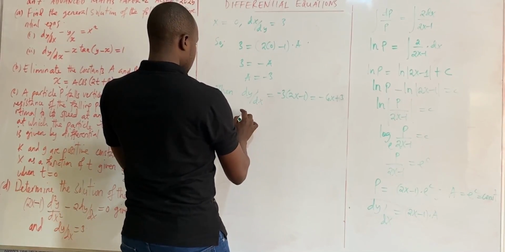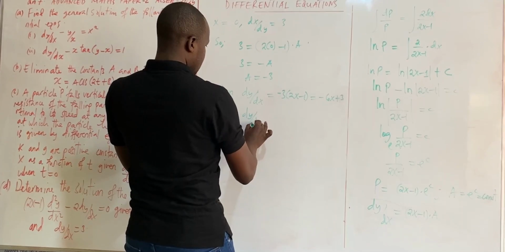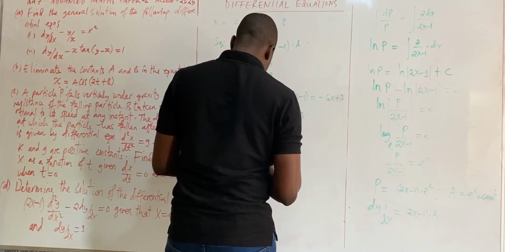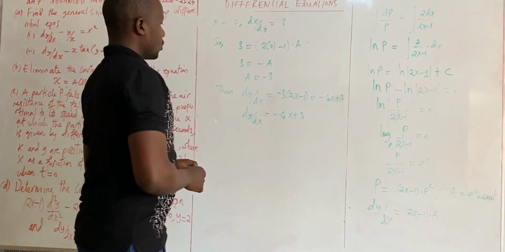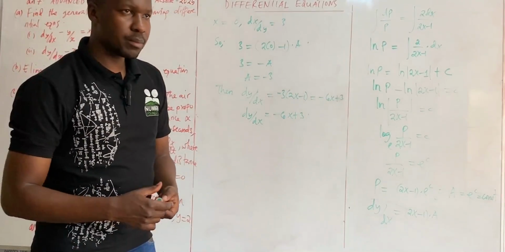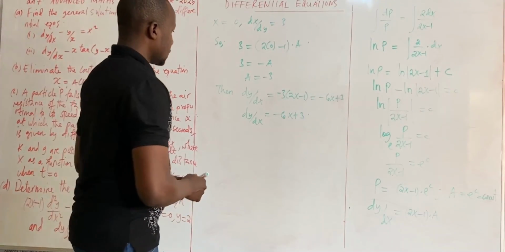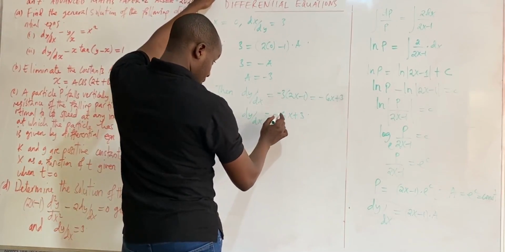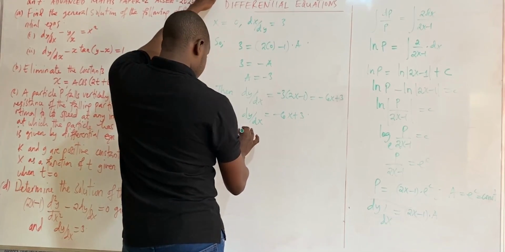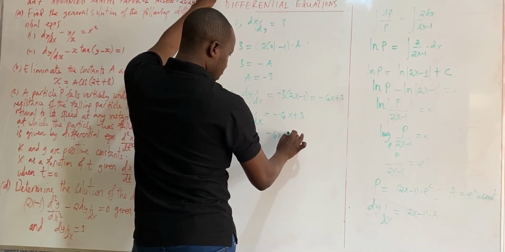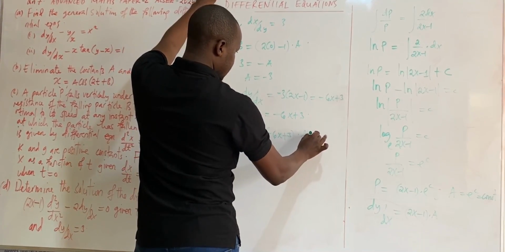So from there, dy/dx equals to negative 6x plus 3. But now that's not the solution. So we need to perform another variable separation so as we can integrate in getting y equals to what. So again, by variable separation, dy equals to negative 6x plus 3, now you times dx.